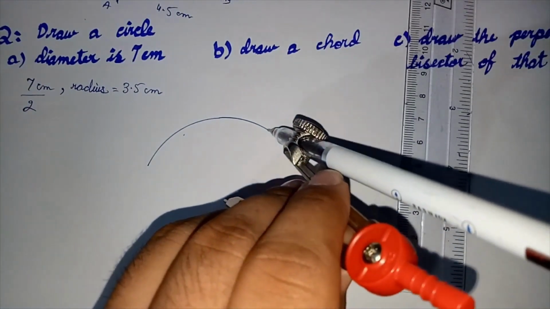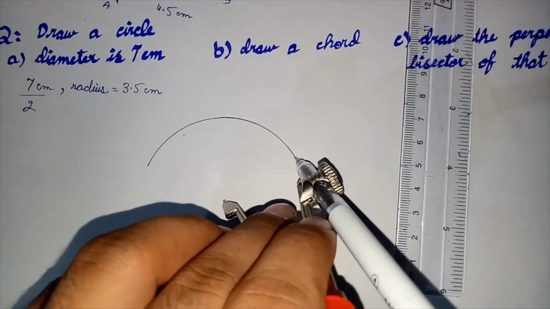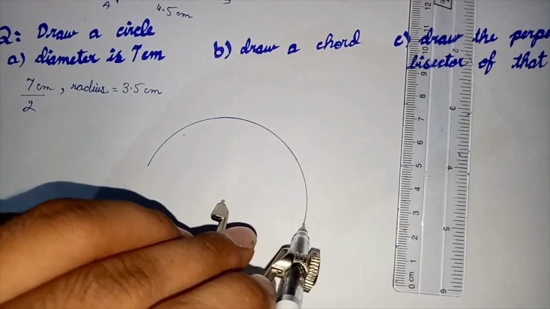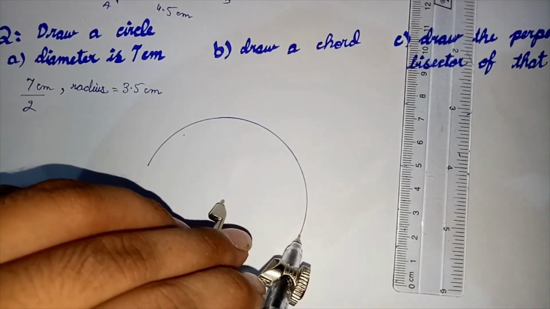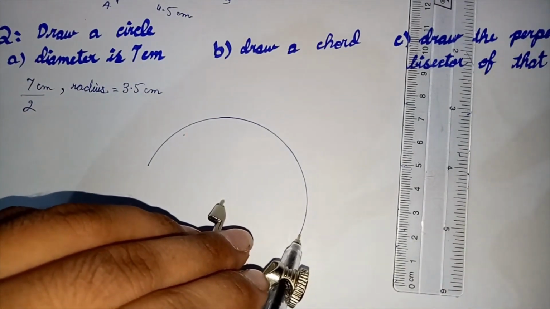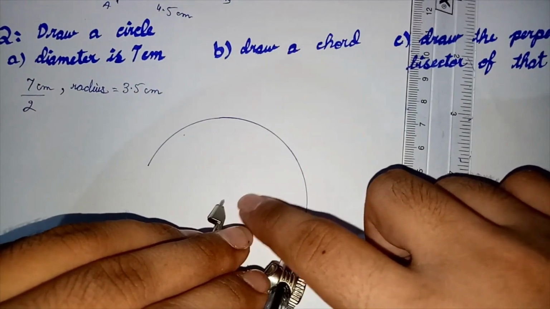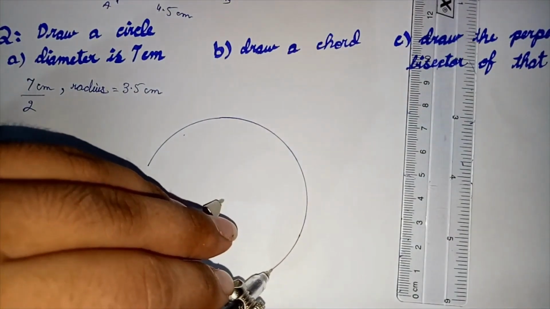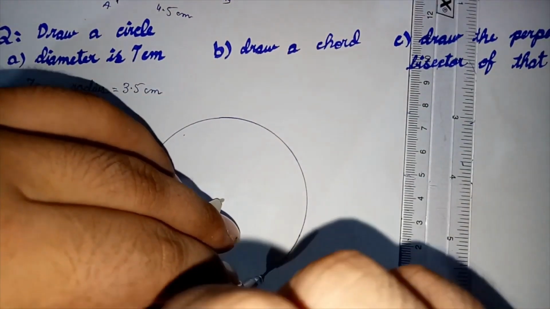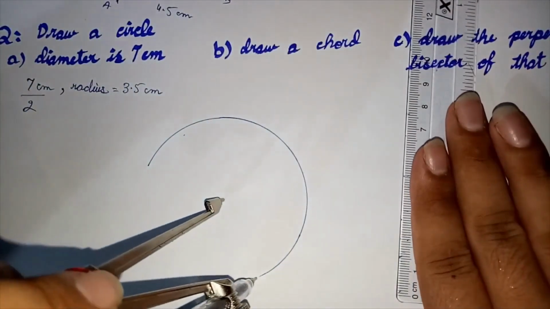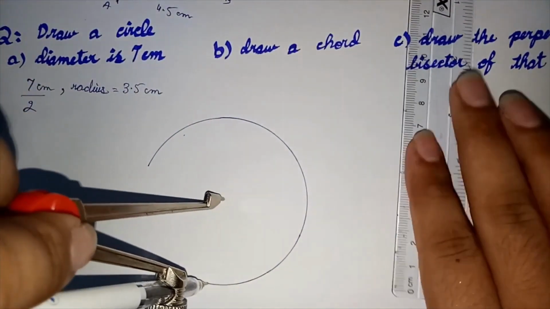Alright, by just rotating it. Okay, and this point should be constant. Okay, clear? Now if I rotate it more, it is just like that.